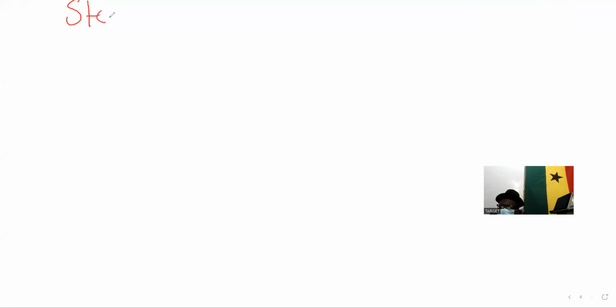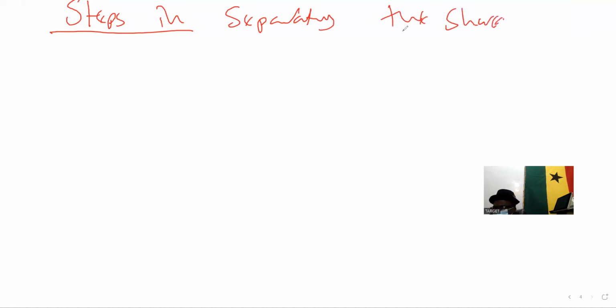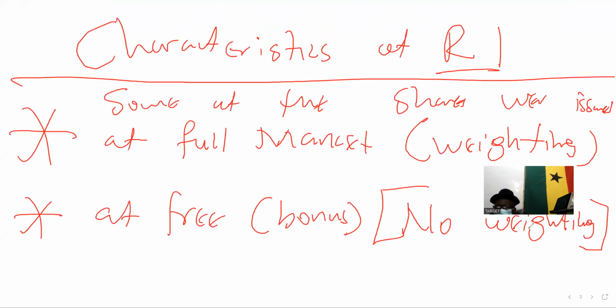Steps in separating the number of shares. The entire number of shares needs to be separated. Do you know why we have to separate the shares? They have two different contradictory treatments in one basket.